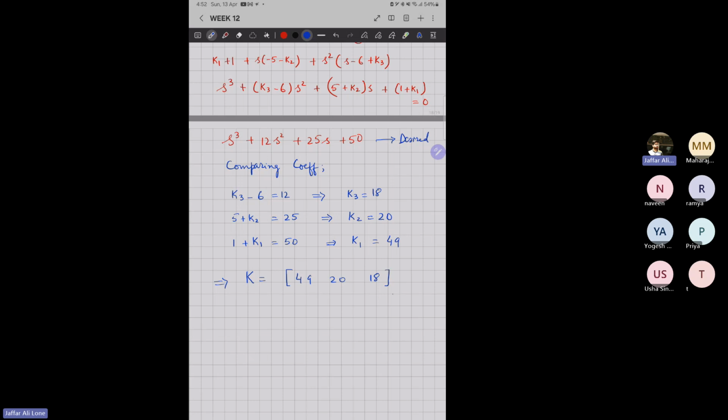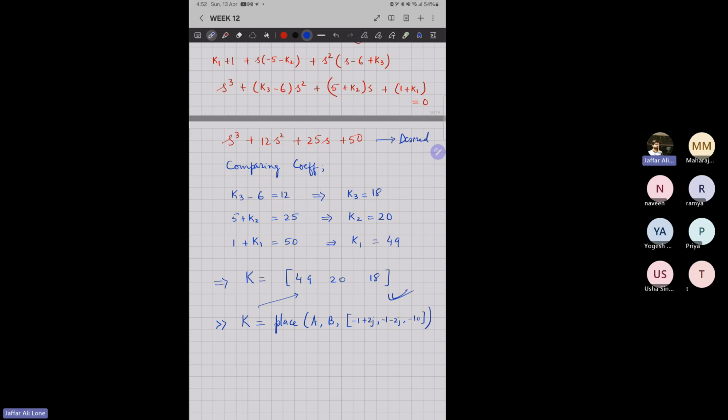So if you want K, again, in MATLAB, use this: K is equal to place(A, B, poles) where the poles are minus 1 plus 2j, minus 1 minus 2j, minus 10. So you'll get the same answer.